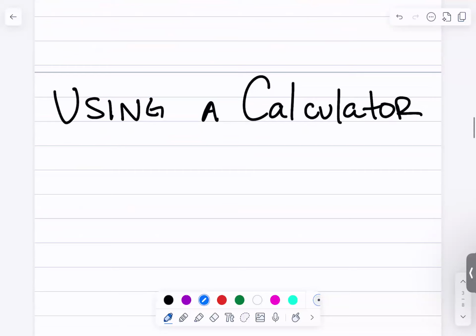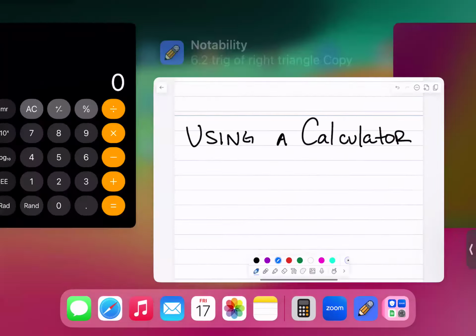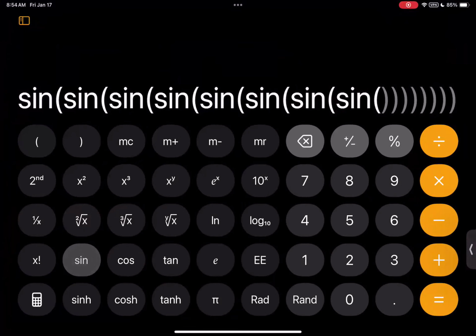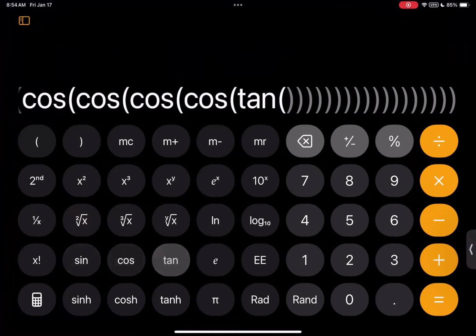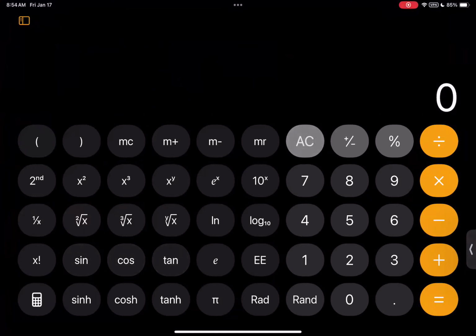Cool. Using a calculator is simple. Depending on what calculator you have, we have the sine button here, the cosine button here, and the tangent button here.